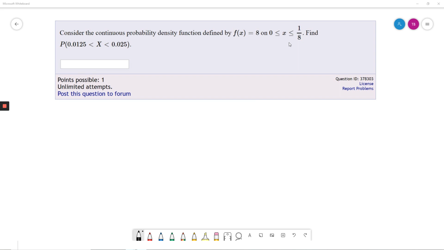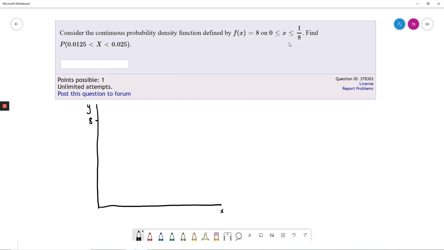So I'm going to draw a coordinate plane. I'll need a y-axis and an x-axis. And we are sketching out f of x equals 8. So that means we want to be up 8 units on the y-axis.